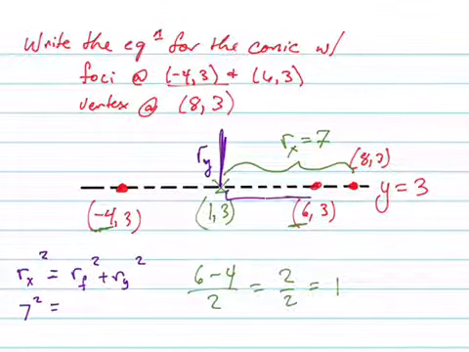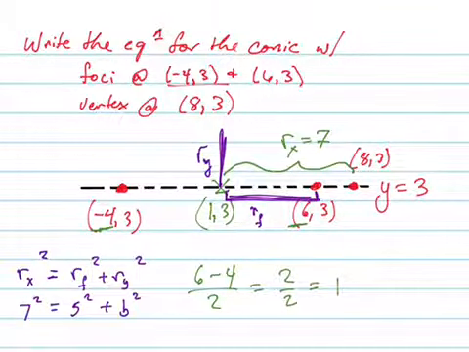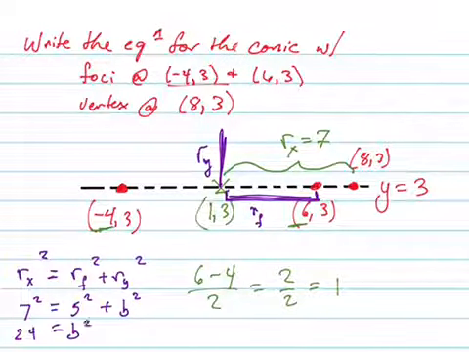What's R sub f? It's 5. So 5 squared plus, we'll call it b squared. So 49 minus 25. What's 49 minus 25? So b squared equals 24.